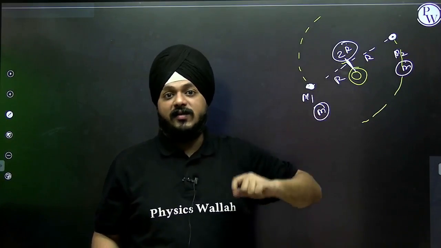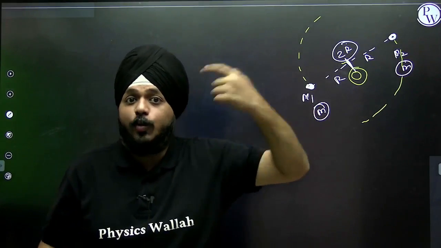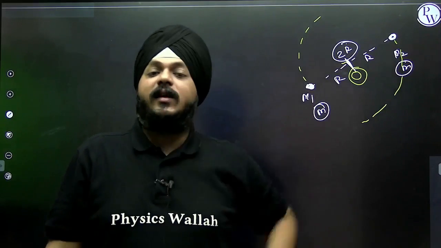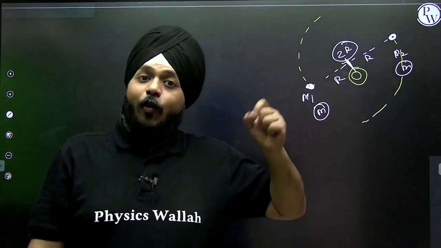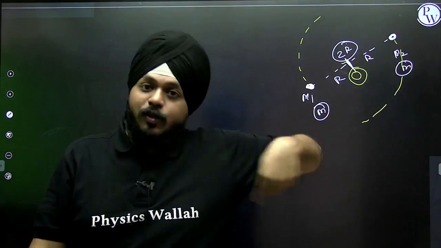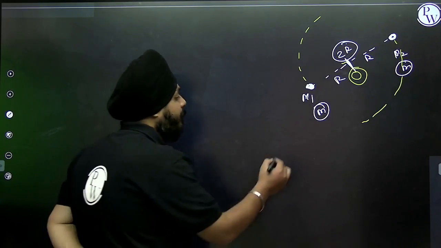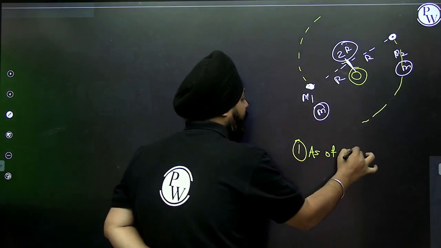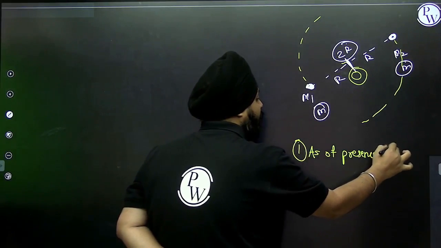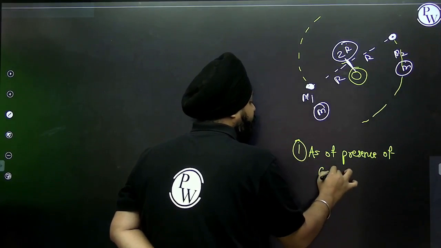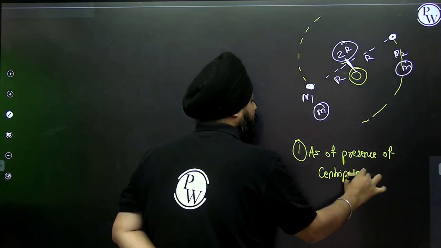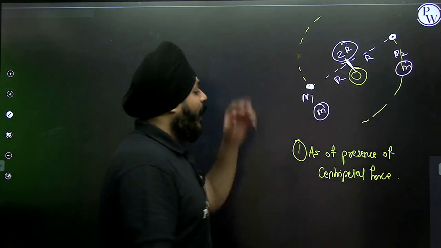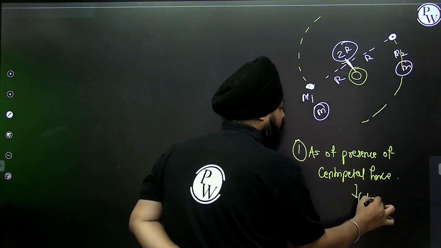Now the question arises, why are they moving in a circular path? Which force enforces the particles to move on the circular path? First point, because of the presence of centripetal force, they both are moving on a circular path.